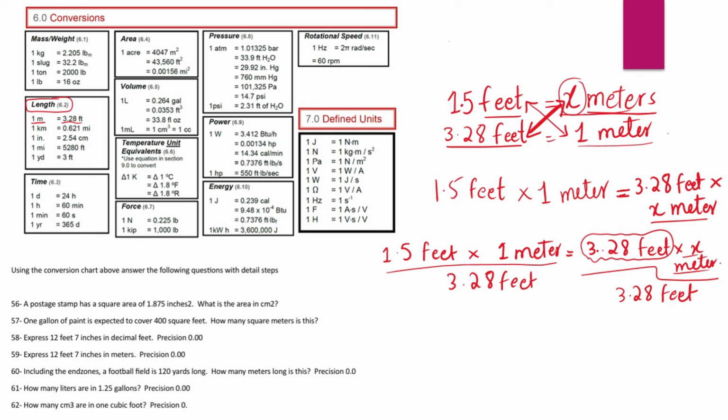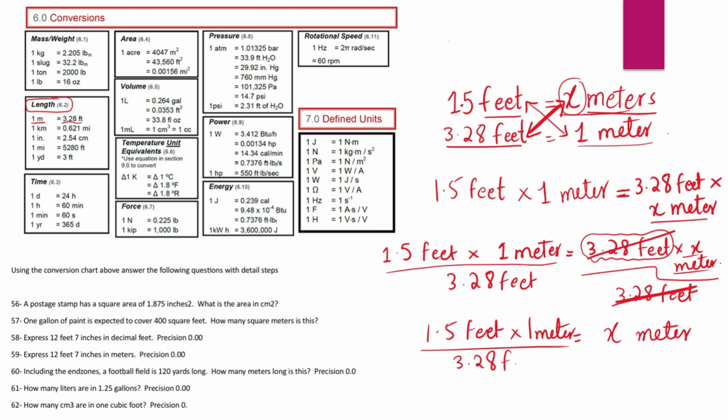So this 3.28 feet will be cancelled by this 3.28 feet, and on the right-hand side of the equal sign we will have x meters, and on the left-hand side we have 1.5 feet multiplied by 1 meter divided by 3.28 feet.